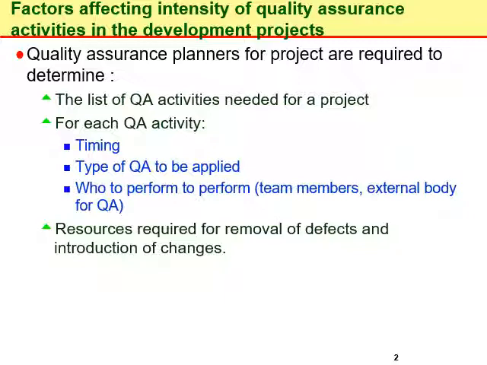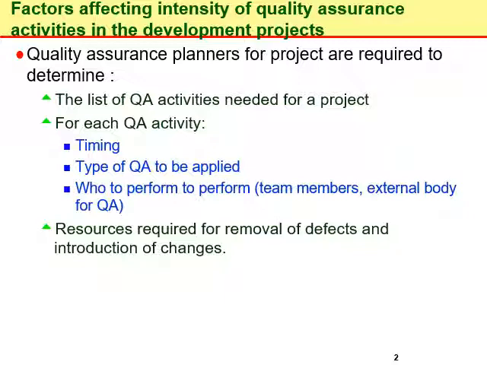Therefore, the people involved in the quality assurance activities are required to determine a few elements. For example, they need to develop the list of quality assurance activities needed for a project. For example, what type of quality assurance activities would be performed, like reviews, inspection, testing.